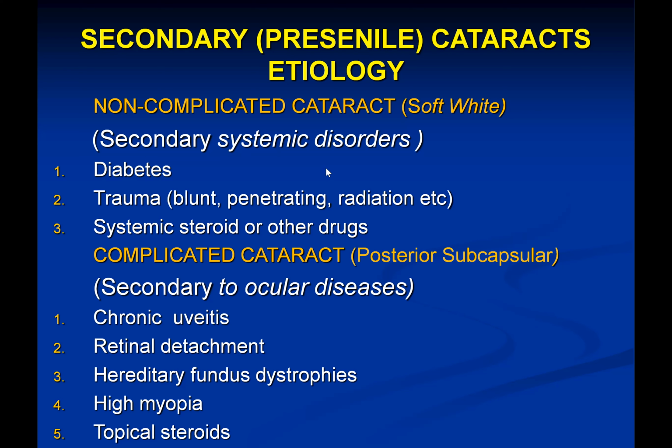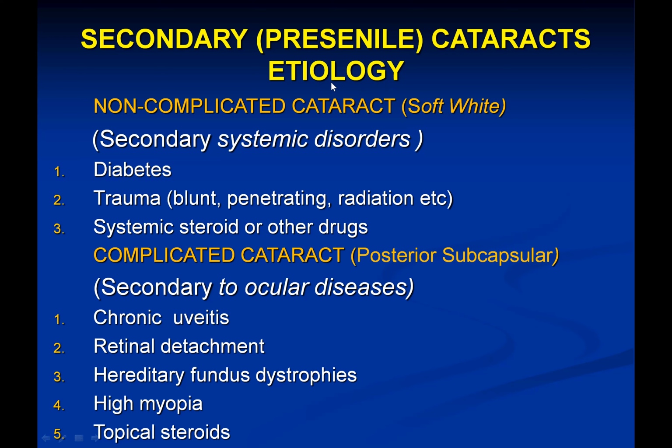Now cataract may be secondary when it is due to some other pathology or other disease affecting the individual. So secondary cataracts, also known as pre-senile cataracts, because they start to appear before the age of senility.